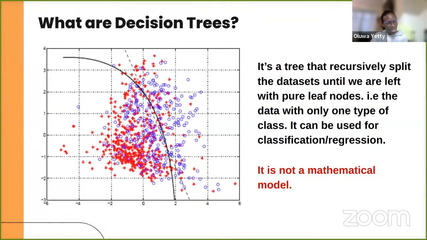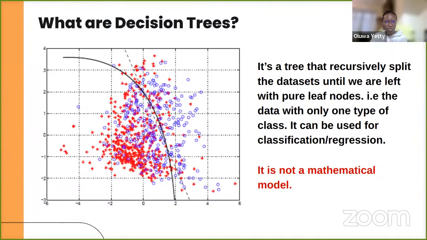And one thing I wanted you to bear in mind is that a decision tree is not a mathematical model. I know Teju took a class maybe last week or two weeks ago on naive Bayes. That's a mathematical model. It's based on conditional probabilities and some of those different probability theorems. So naive Bayes is an example of a mathematical model.